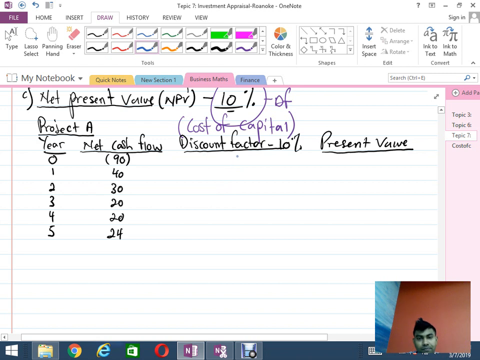Now year 0, discount factor always starts from 1. You might ask me why it is 1. When you multiply with 1, you will get the same value, correct? Now why must we get the same value for year 0, which is the capital? Example, today you open up a restaurant for 5,000 ringgit, and after 50 years your restaurant becomes very big.